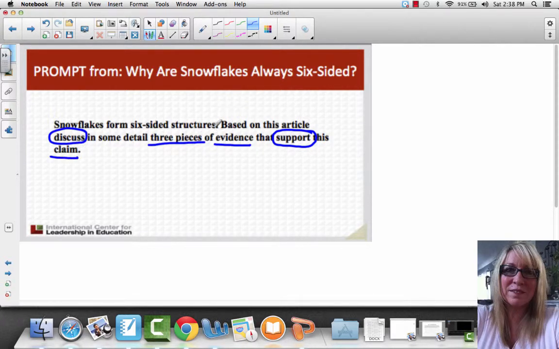And claim. So now we're going to rewrite this. So basically, we need 3 pieces of evidence that support the claim that snowflakes form six-sided structures.